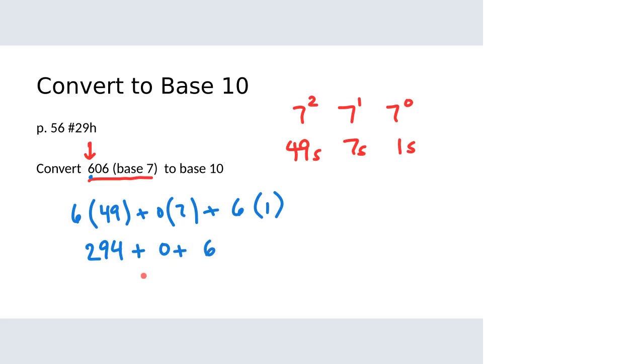Adding that together, we get 300. So if we wanted to write 606 base 7 as a base 10 number, it would be 300. What we're saying here when we do this is that 6 49s plus 0 7s plus 6 1s is the same as 3 100s plus 0 10s plus 0 1s. We're saying that those things have the same value.